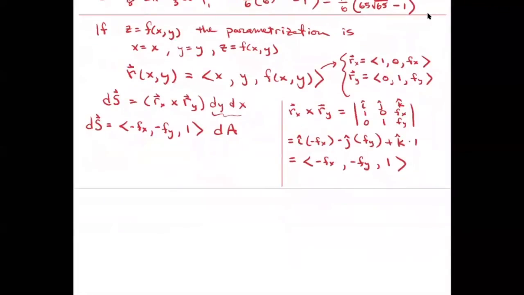So I've got my surface here like that. And I've got my 2 tangent vectors kind of going like this and like this. So that might be fx here. Sorry, no, that's rx, my bad.